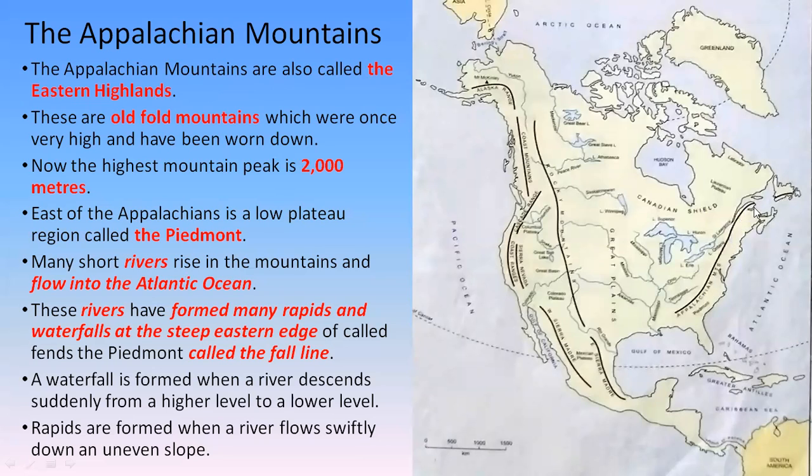This is a somewhat high area, with a height of around 2,000 meters above sea level, so we can say that these are the Eastern Highlands. These are old fold mountains, which were once much higher and have been worn down by rain, glaciers, and other geographical processes.